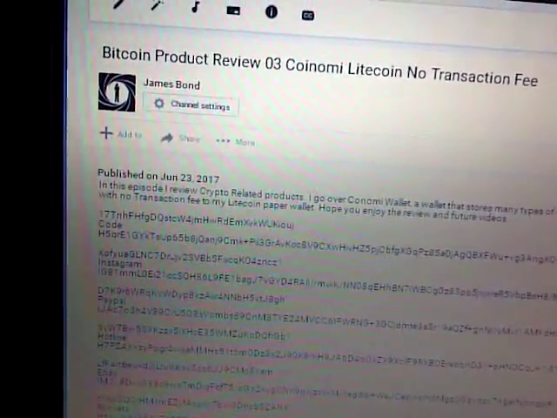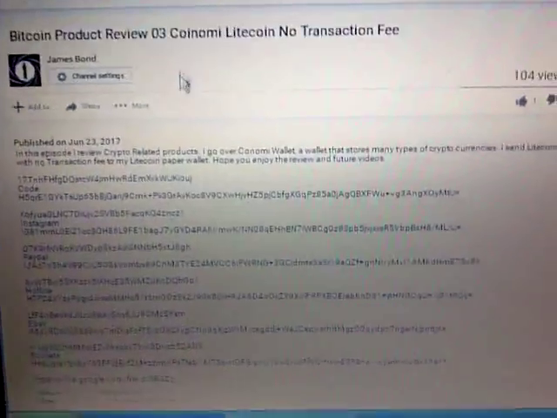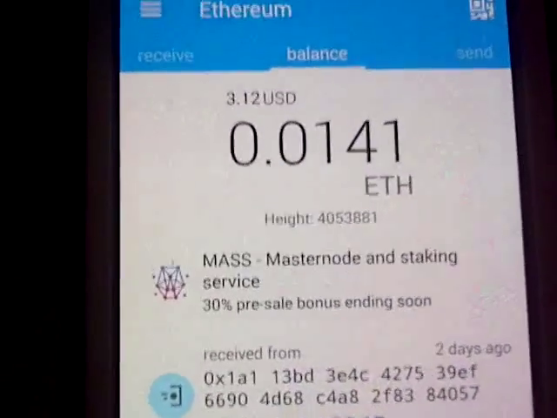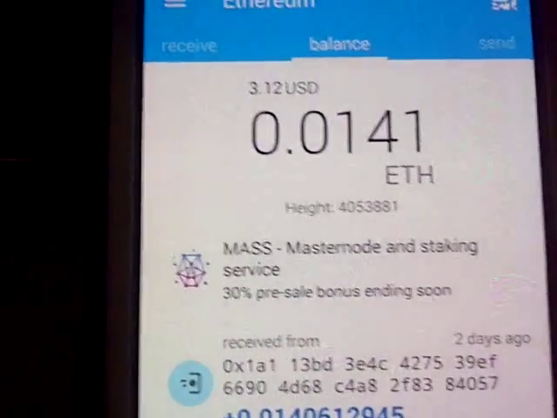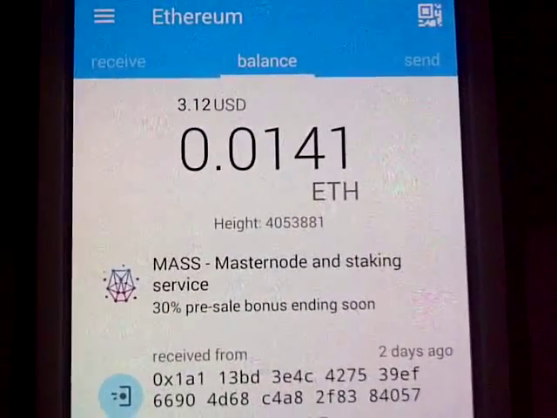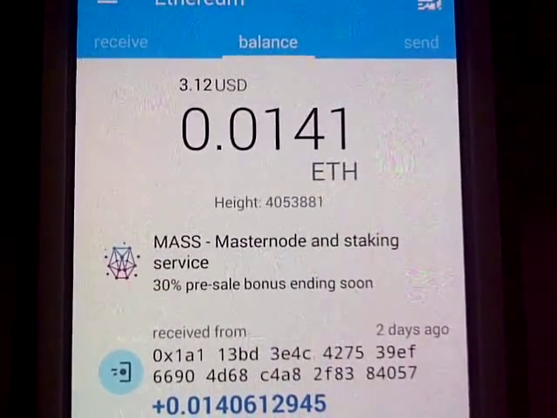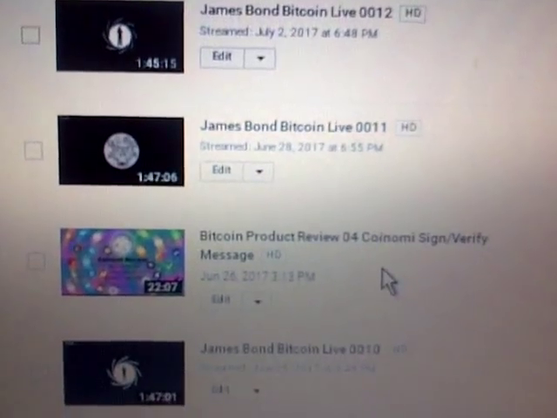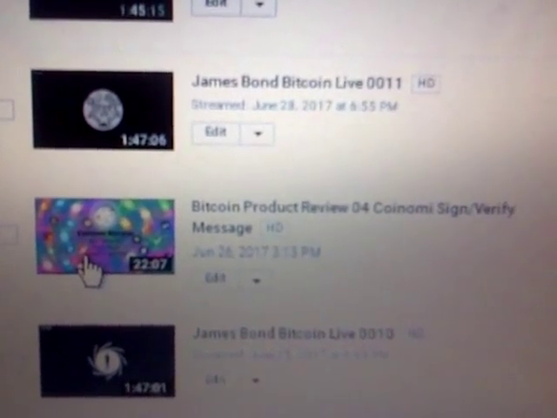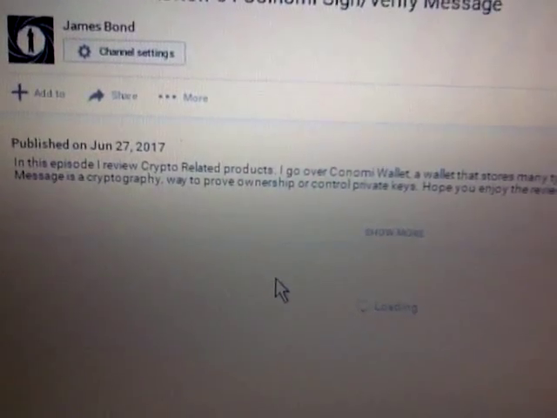Okay, and as for Bitcoin product review 04, I think 04 is already put in there. Yeah, 04. So you should be able to crack the clues to get to the passcodes.